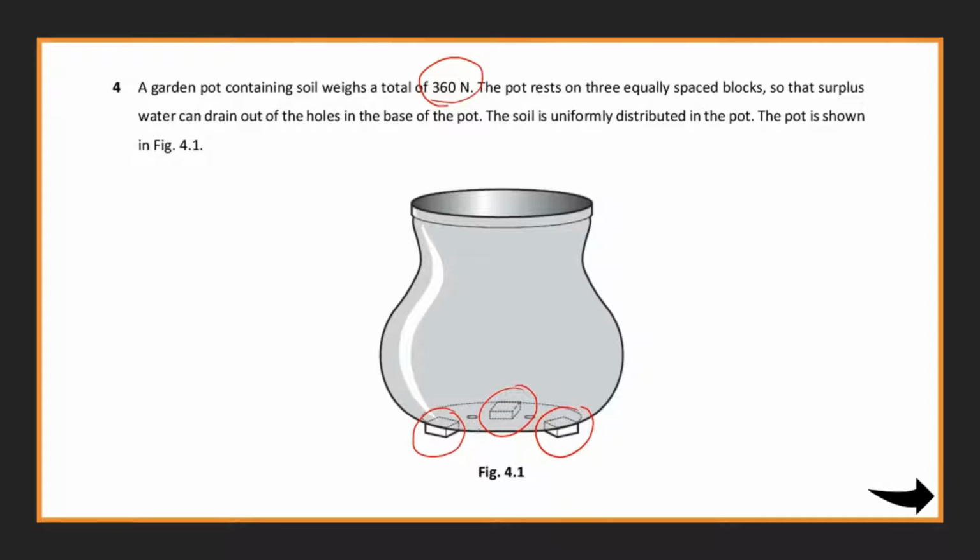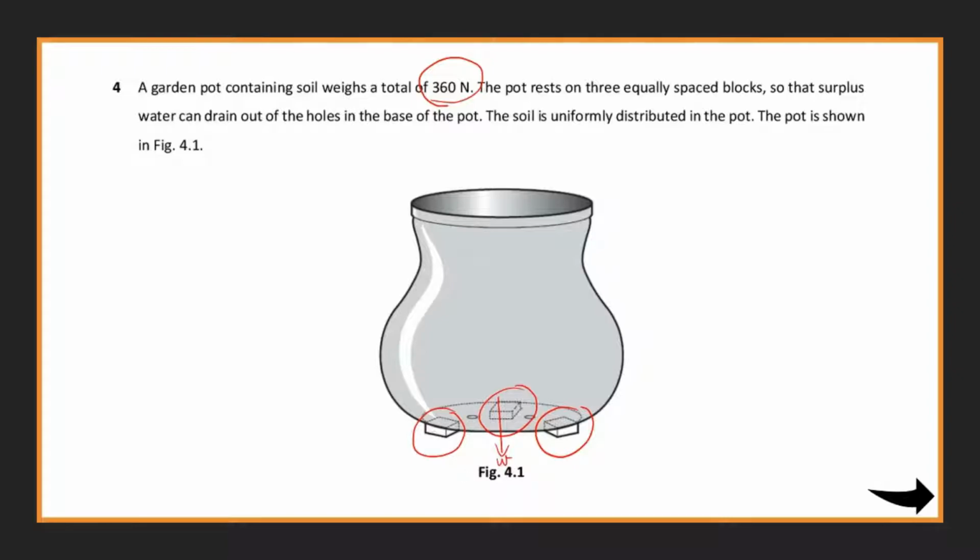So, the three blocks must withstand all the weight from the pot and the soil. The weight of the pot and the soil inside it goes downwards. This is the weight.